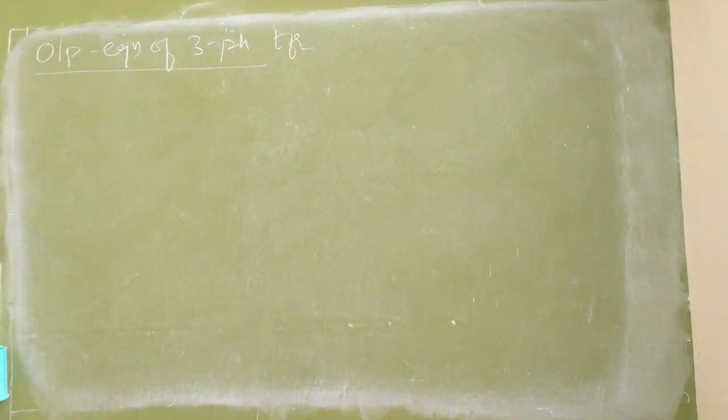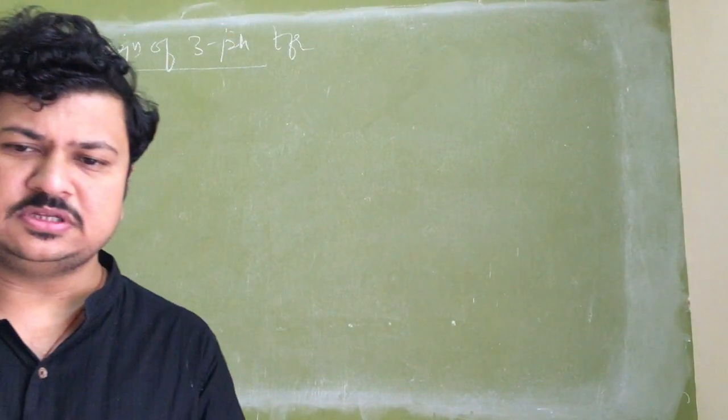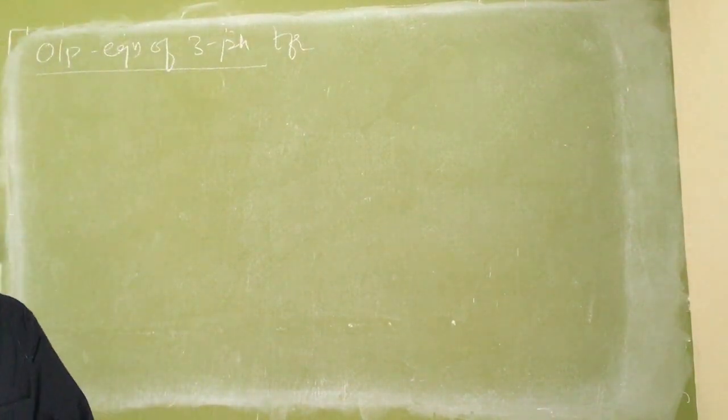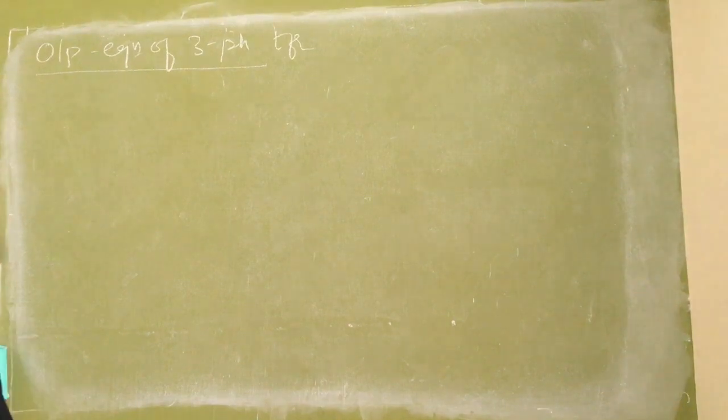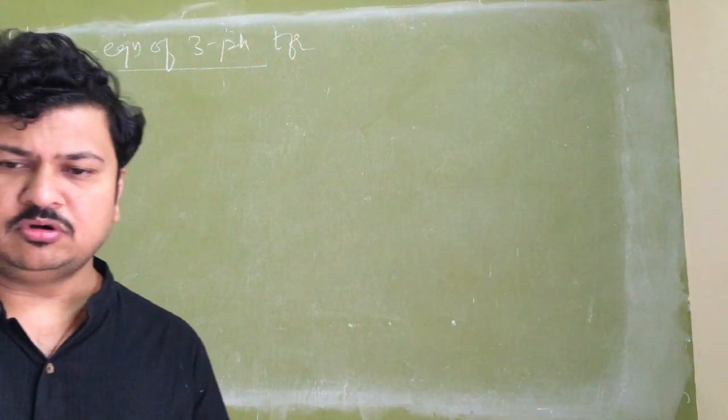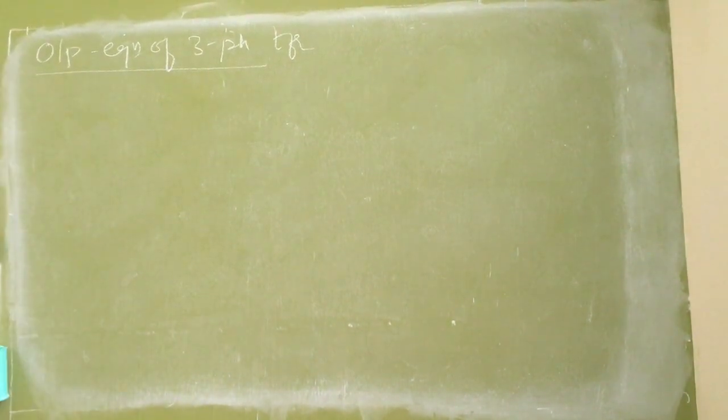We generally see three phase core type transformer because three phase shell type transformers are very rarely used. Unless with certain specific applications, we don't go for generally three phase shell type transformers. Okay.